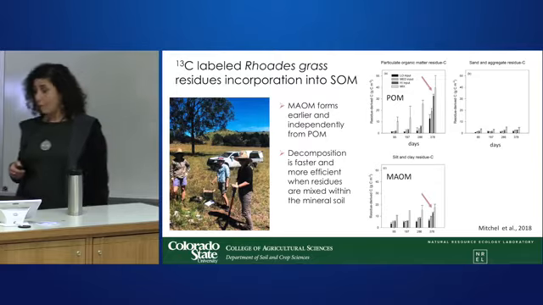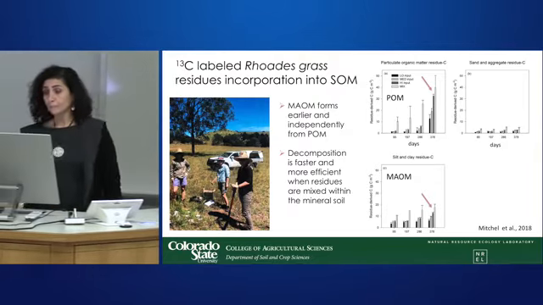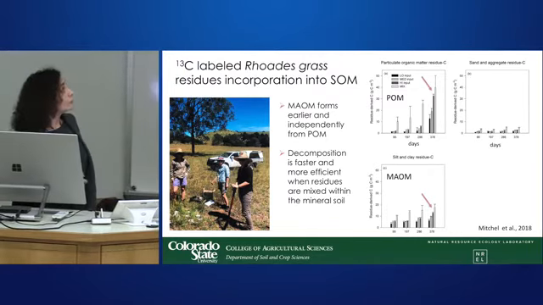And what was very, very interesting to see was, first of all, a confirmation of the fact that the mineral-associated organic matter formed early in the process before the particulate organic matter, and also stayed more or less unchanged through time.